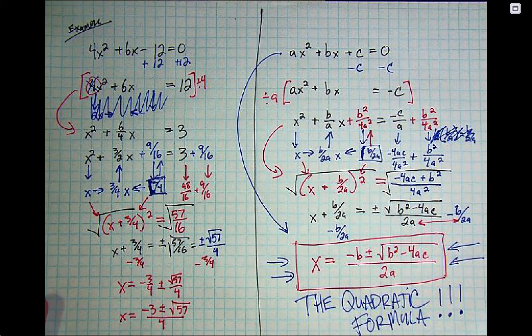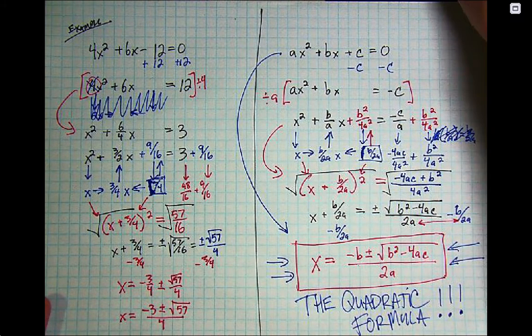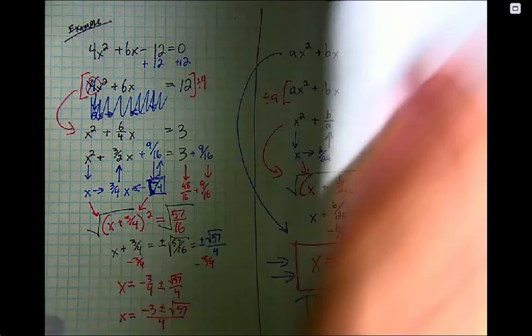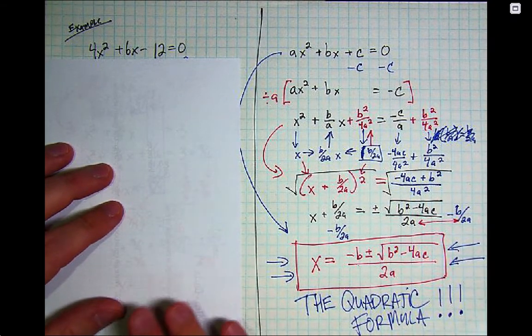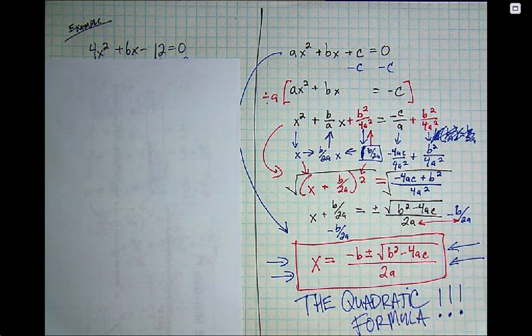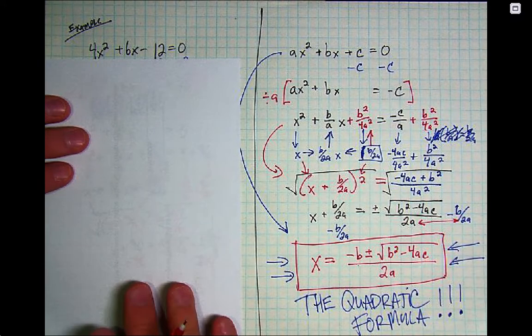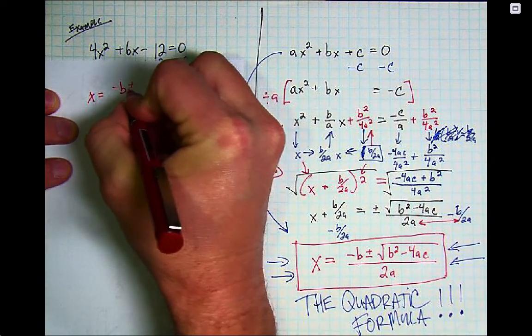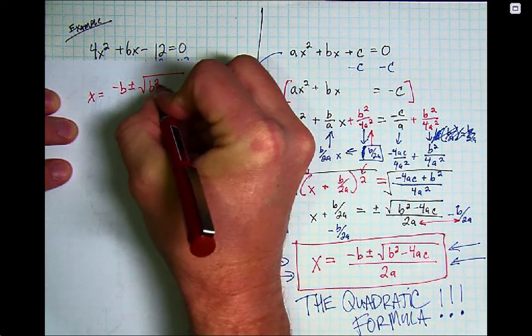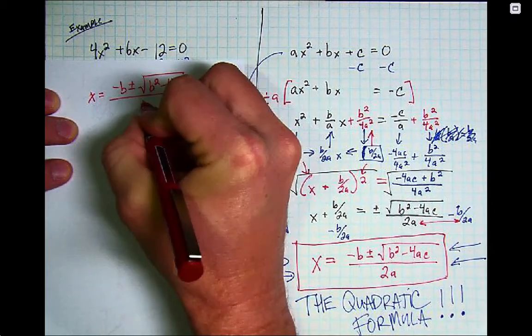So, would you take a look with me real quick at the problem that we just did right here and watch how much easier it's going to be to do that problem using the quadratic formula. What's the quadratic formula? The quadratic formula is x equals negative b plus or minus the square root of b squared minus 4ac over 2a.